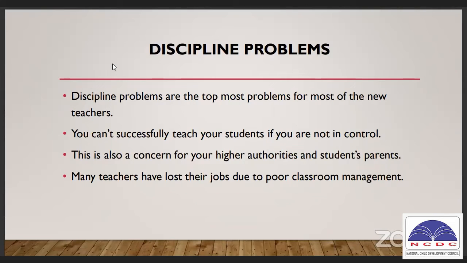It is true that many teachers who don't get control over the students, who don't have a chemistry with the children, find it very difficult to manage their classroom. So they will automatically quit, or they will lose the job because of the problems created later on without a well disciplined classroom. So that is also what I have explained here.